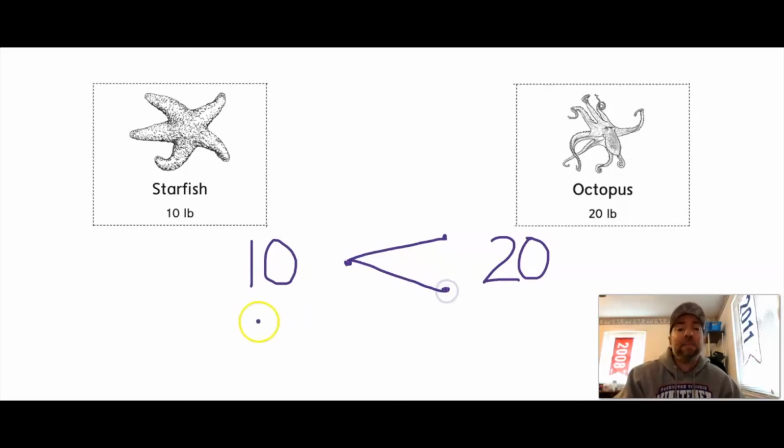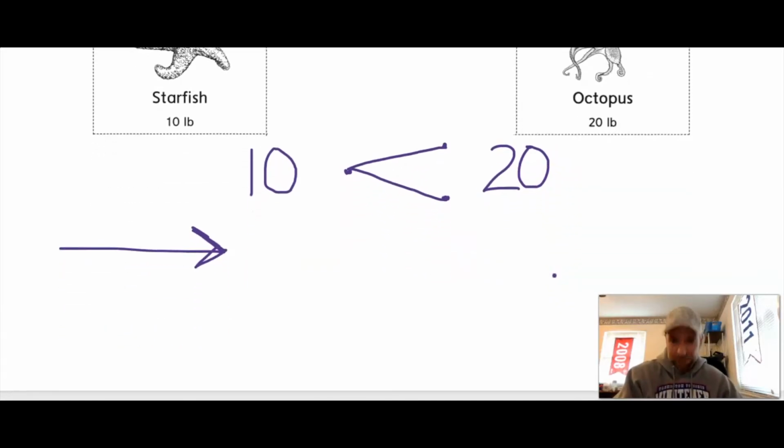Now this time, our number sentence is read, and we always start on the left side. 10 is less than 20. Awesome job. All right, let's try another one.